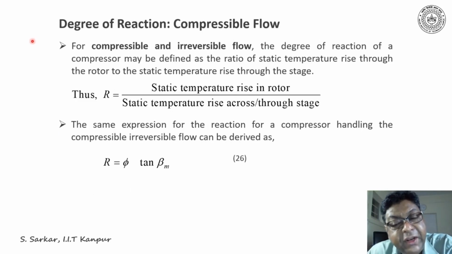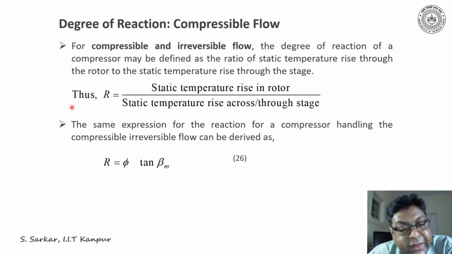With respect to degree of reaction, a more general definition can be given for compressible and irreversible flow through a compressor. Thus here, the degree of reaction is defined as the ratio of static temperature rise in the rotor to the static temperature rise in the stage.